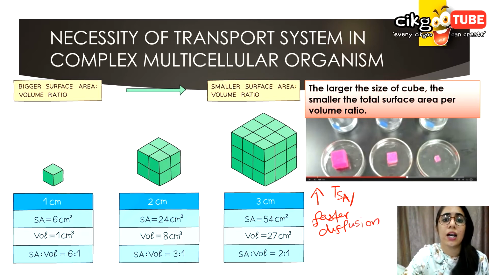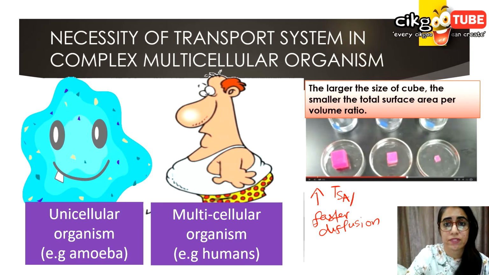In conclusion, if the size of an organism increases, its TSA per V ratio decreases. I repeat, if the size of an organism increases, its TSA per V ratio decreases.